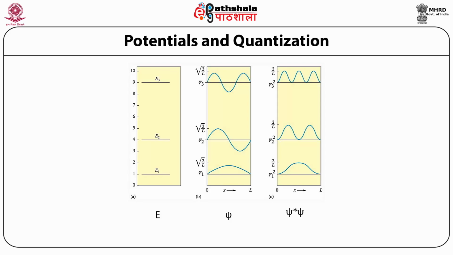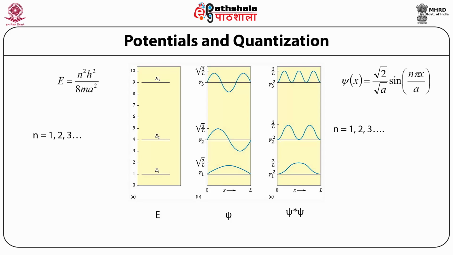As we know, the energy is quantized, so this figure A shows the different particle energies for different values of n, that is E equal to n square h square by 8 m a square, where n varies from 1, 2, 3, and so on, and the wave function is given by psi(x) equal to root of 2 by a multiplied by sine of n pi x by a, where n is equal to 1, 2, 3 and so on.